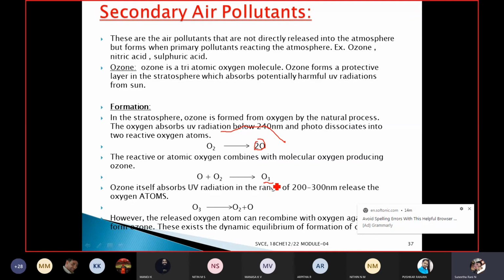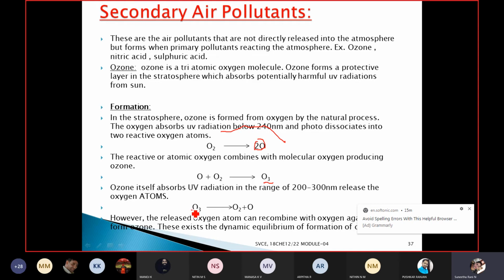This ozone itself absorbs UV radiation in the range of 200 to 300 nanometers. It releases oxygen into the atmosphere. Once the ozone is liberated into the atmosphere, it forms a layer.